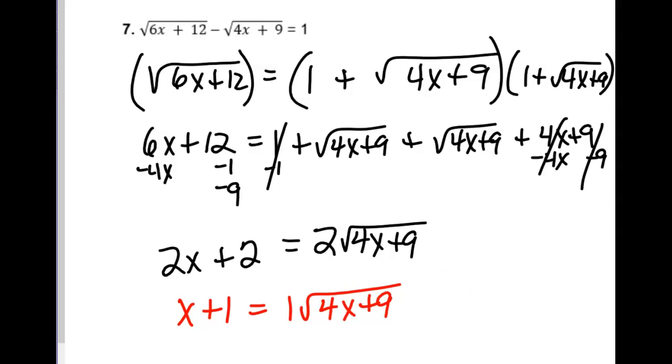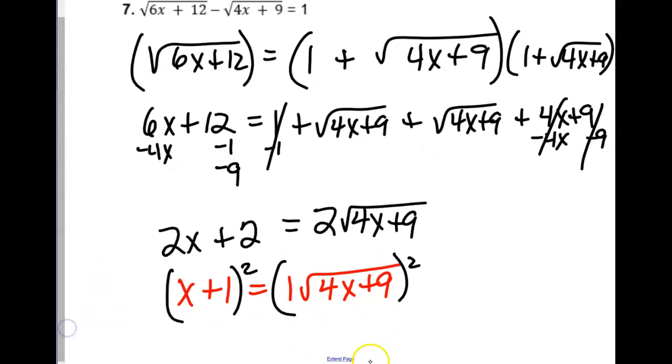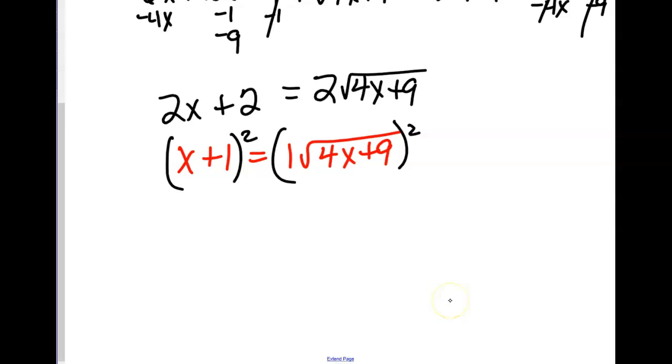Okay. Now I have to square again. What does the new right-hand side become? Okay, x plus 1 times x plus 1, that's the left side, would be x squared plus 1x plus 1x would be 2x.